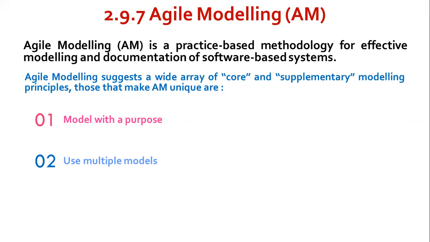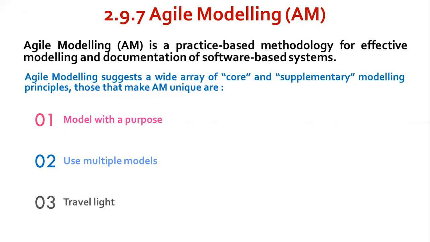There are many different models and notations that can be used to describe the software. Only a small subset is essential for most projects. Agile modeling suggests that to provide needed insight, each model should present a different aspect of the system, and only those models that provide value to their intended audiences should be used.